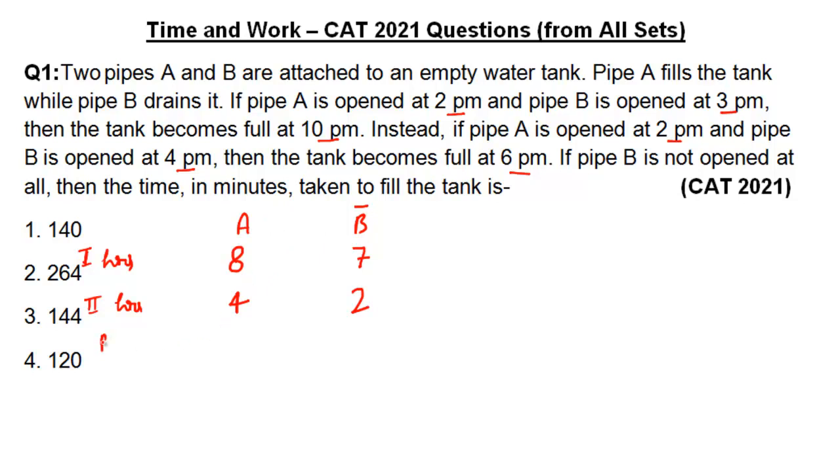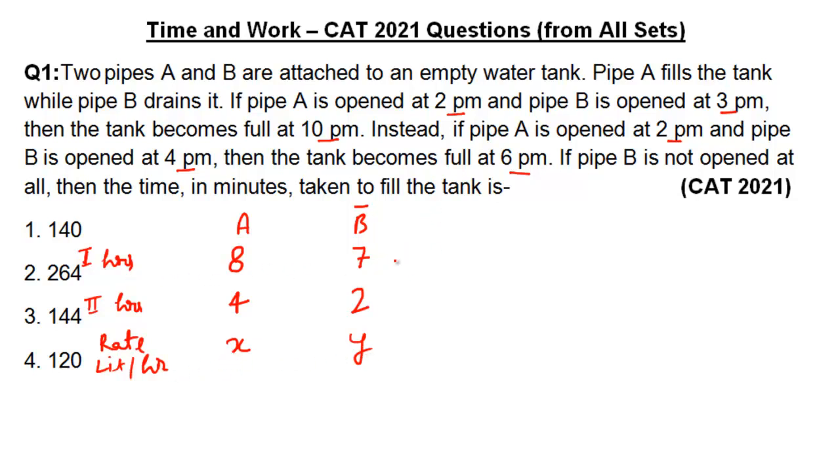So I'm just writing here the rate of filling in some quantity, say liters per hour. For A I'm putting X and for B, Y. So for A the rate is X liters per hour and for B the rate of emptying is Y liters per hour.